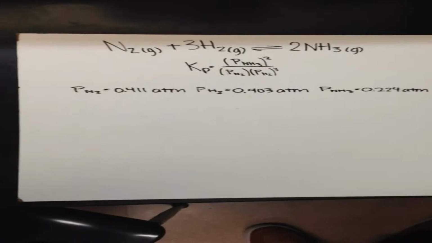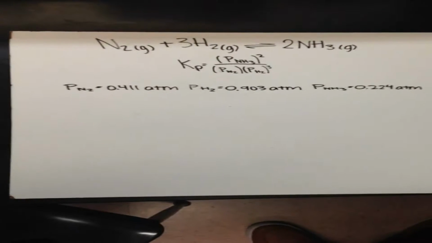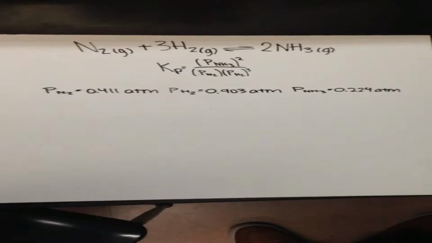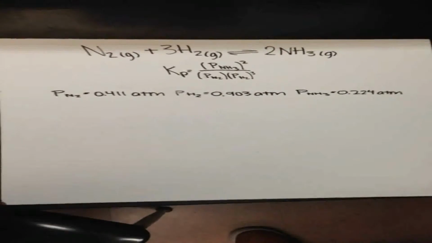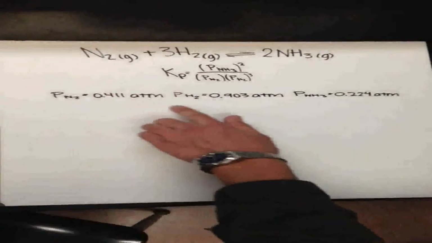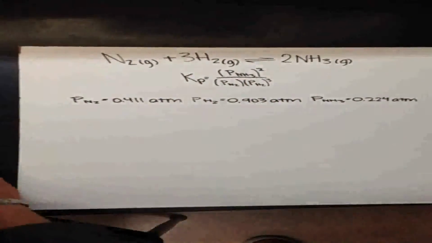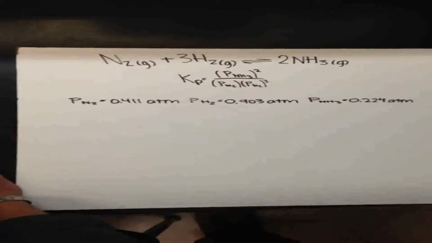Number 2, Part B, number 1. Calculate the value of the reaction quotient Q at these initial conditions. So for this one, we're going to plug in these values right here as they are initial pressures in the Kp. So, let's start off.